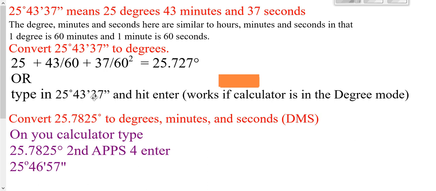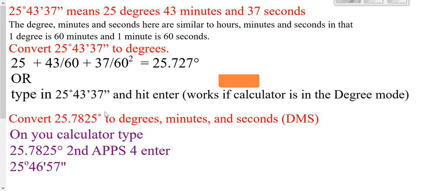Then you type 37, and now your quotation mark, which is used for your seconds, is alpha plus. So that's just above the enter in the lower right hand corner. If you type that in like that, you can also get the exact same answer, but your calculator has to be in degree mode.